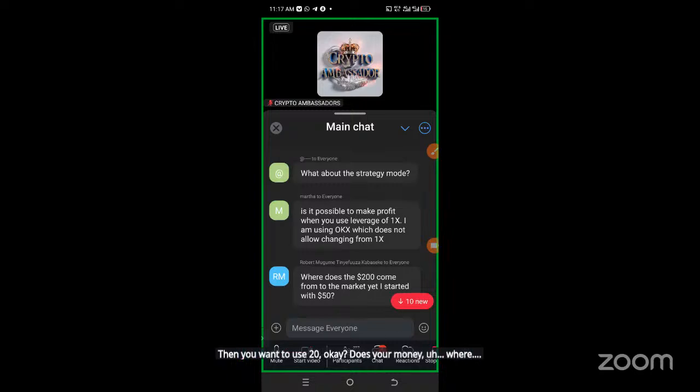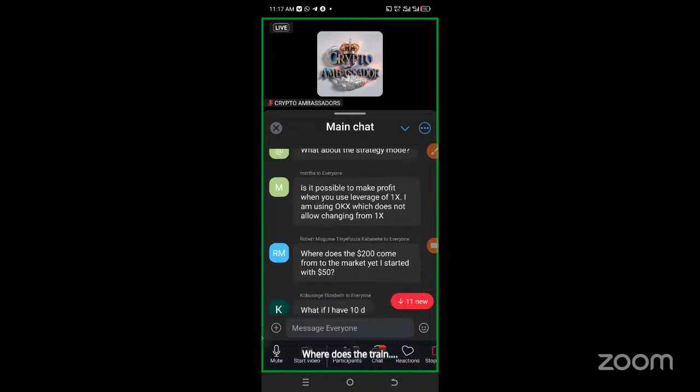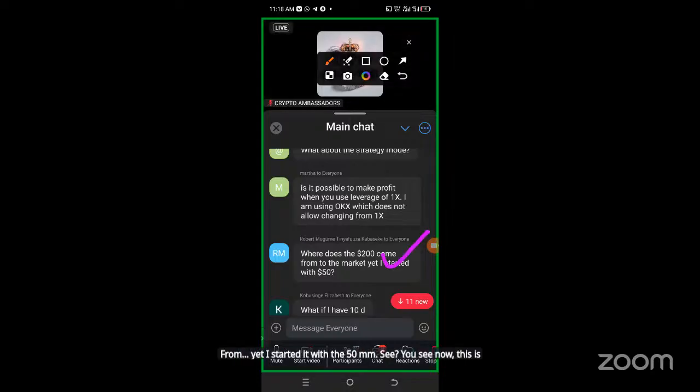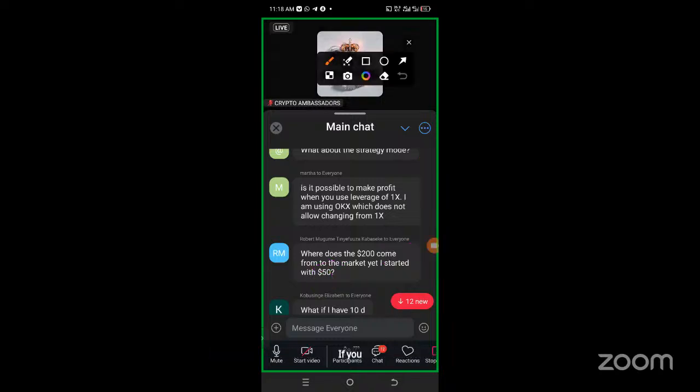Where does the $200 come from, yet I started with the $50? See, this is the problem. Do you even know how the $50 came? If you ask me where the $200 came from, it means you have not understood this.